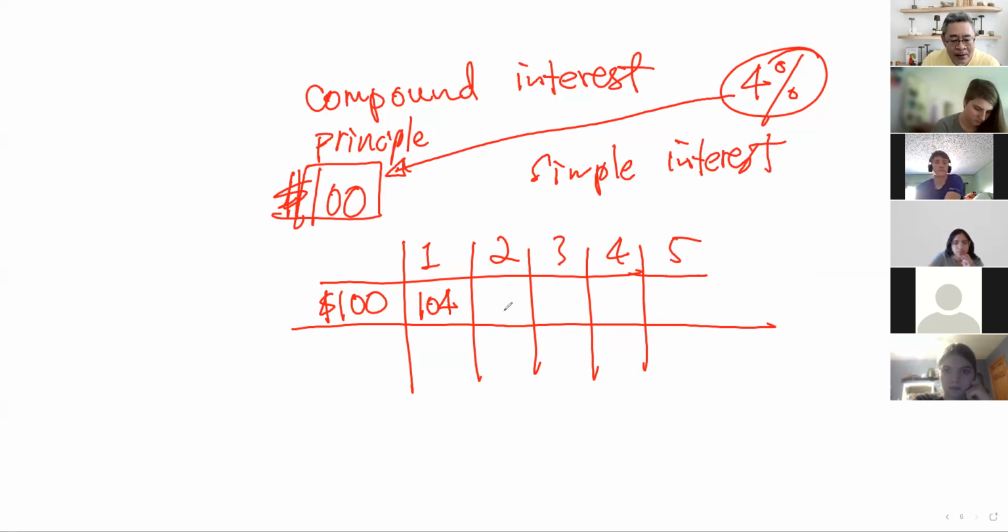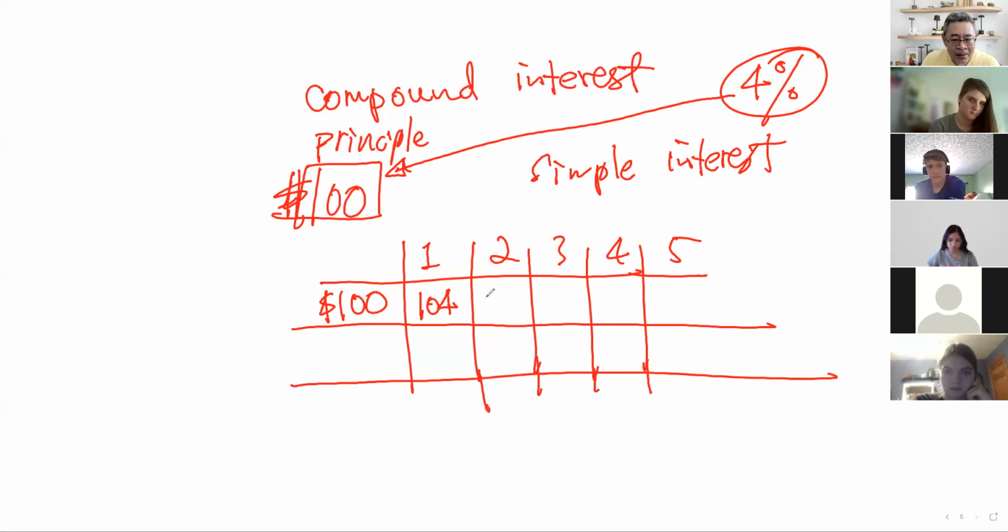Now, what happened on the second year? Well, your principal is still 100. You earn another 4%, so it's 108, because we're talking about simple interest.